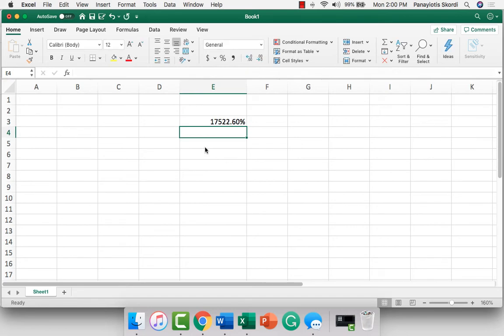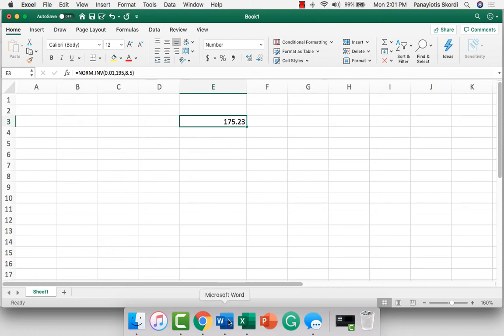We still have percentage formatting from the previous question, so let's change that to general and change the decimal places. It's going to be 175.23 to 2 decimal places.